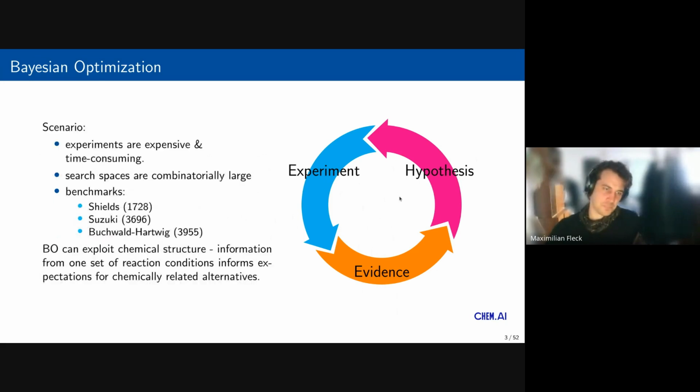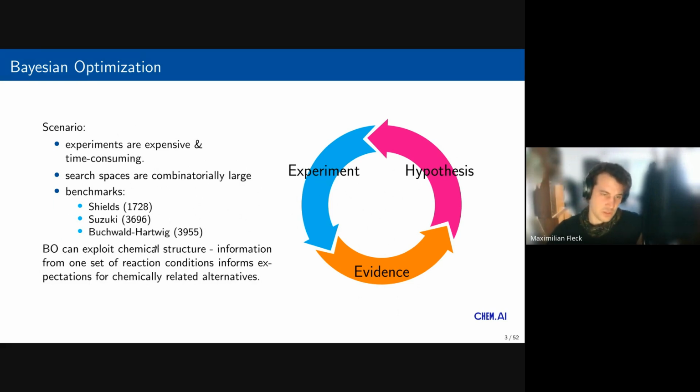So our scenario is basically that we are facing experiments that are expensive and time-consuming, and we are facing search spaces that are combinatorially large. In the paper, our benchmark data sets are the Shields data set, the Suzuki and the Buchwald-Hartwig data sets. They have around, let's say, 3,000 to 4,000 samples. The Shields is a little bit smaller.